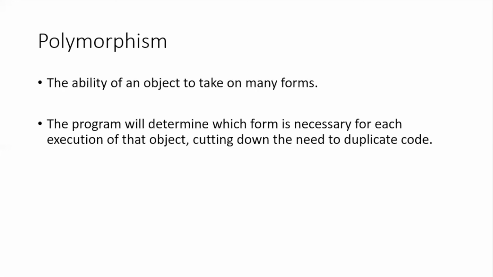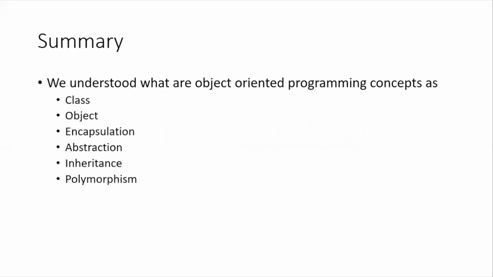But polymorphism is the way to represent one entity in multiple forms. Obviously, one form will be used at once, and the application needs to decide which form of that particular object is exactly required at a particular point. So that is nothing but polymorphism.